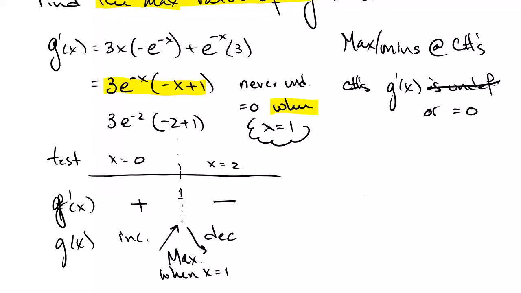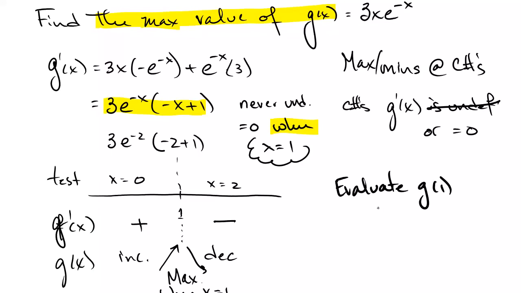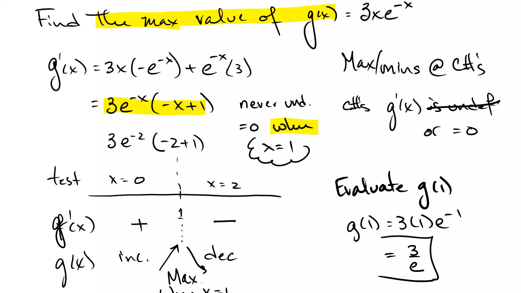So the last thing we would need to do here is evaluate g of 1. And going back to our original problem, we see that g of 1 will be 3 times 1 times e to the negative first power, or 3 over e. And that should be our answer.